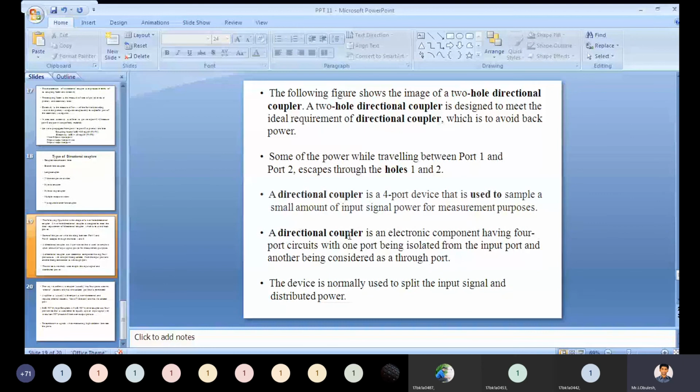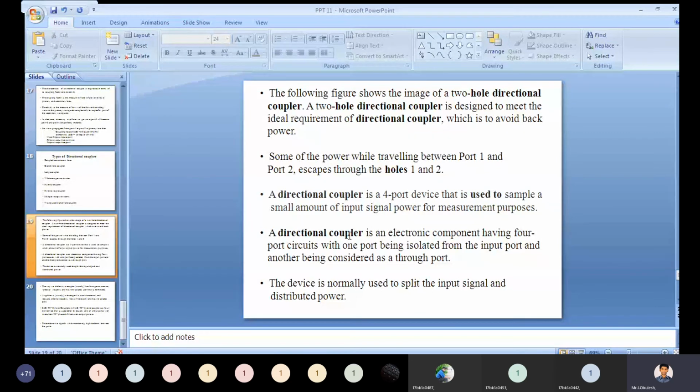Okay, next one. How many holes can there be in a directional coupler? The following figure shows the images of a two-hole directional coupler.